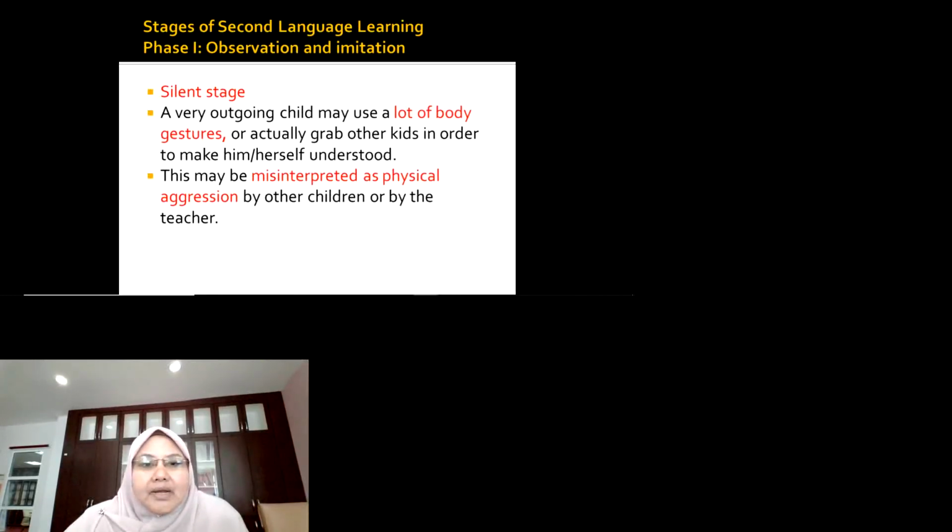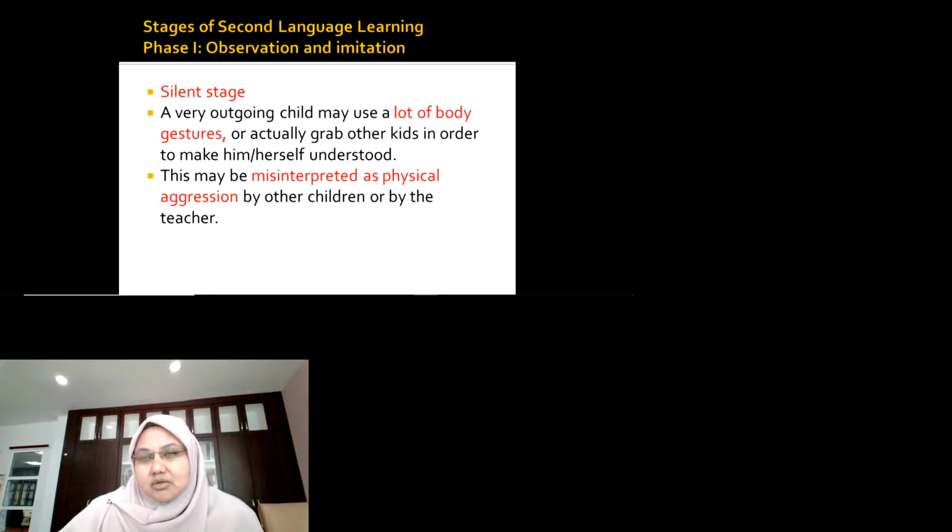And what happens at this stage is that a very outgoing child may use a lot of body gestures. We talked in our previous class about styles and the personality of any individual, so introvert and extrovert, for example. An outgoing child we can classify as an extrovert.